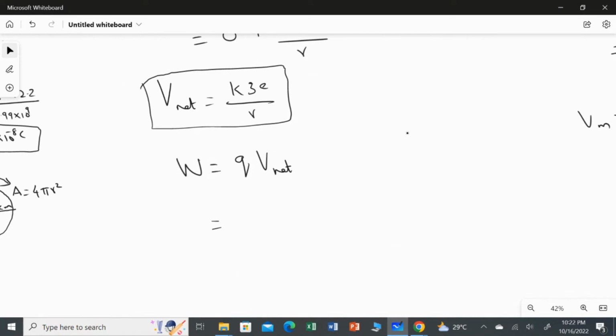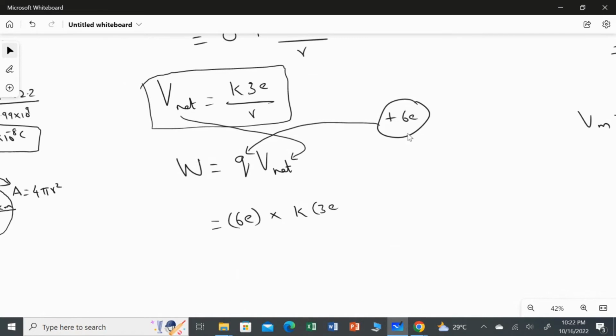So what is our charge here? We are going to bring this 6E charge from infinity. So in place of the charge, I am going to use this value, and in place of V net, I am going to use this value. Therefore, plus 6E multiplied by K multiplied by 3E over R.